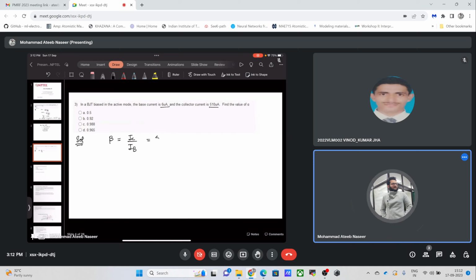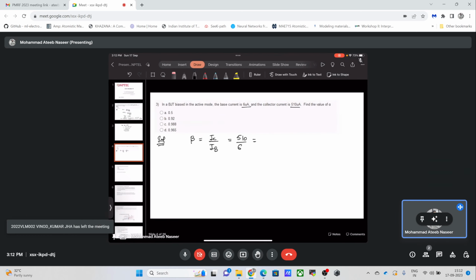So 510 divided by 6 is simply the value of beta. If I calculate this by calculator, 510 divided by 6 is 85.